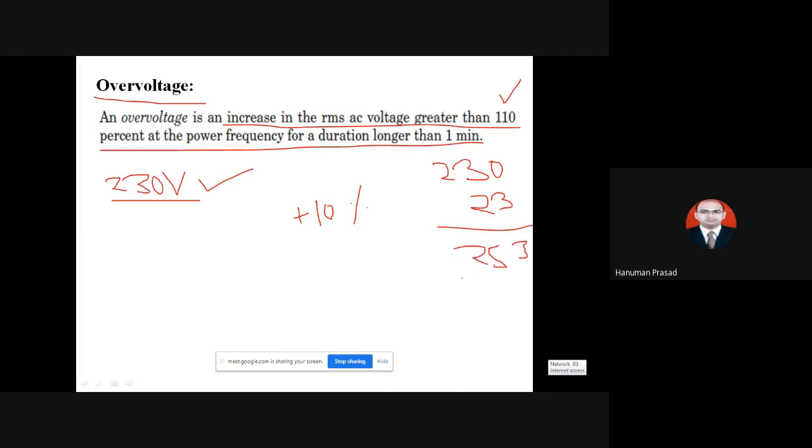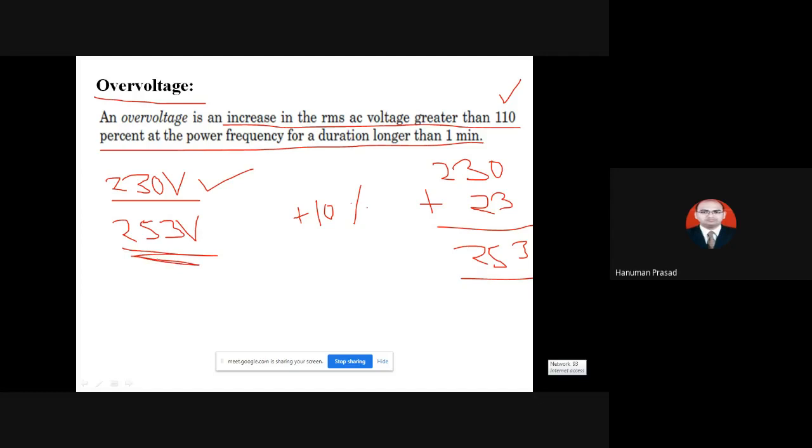If the voltage is greater than 253 volt, that means we are getting more voltage, more than 10%. We require 230 volt, but we are getting 253 volt. That means we are getting more than 110%.